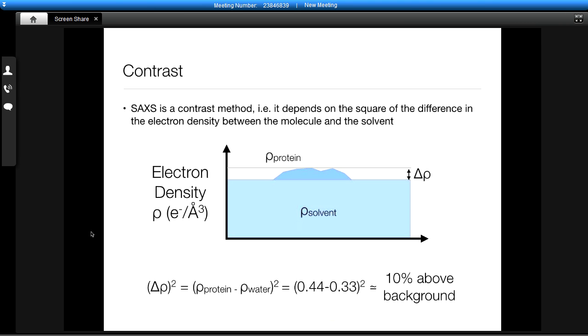And if your solvent was, say, water, your background is about 0.33 electrons per angstrom cubed. So when you actually work that out, your scattering signal is very small. It's only about 10% above the solvent scattering itself. And so you're looking for a very small signal when you're looking at SAXS because of this contrast issue.